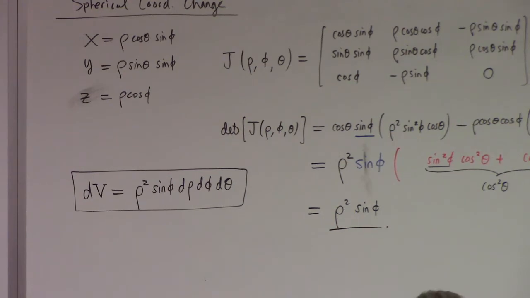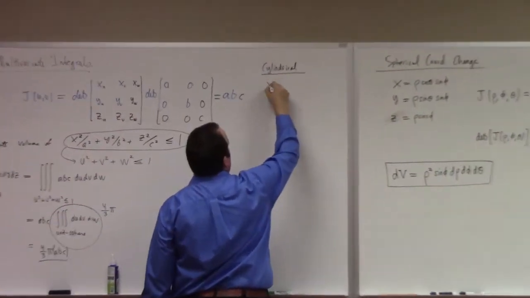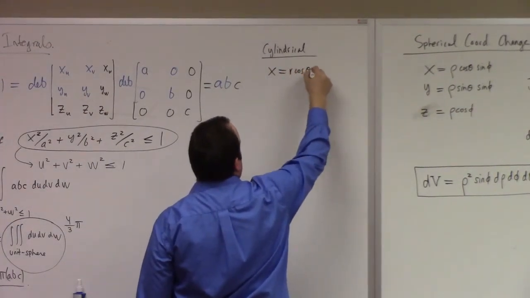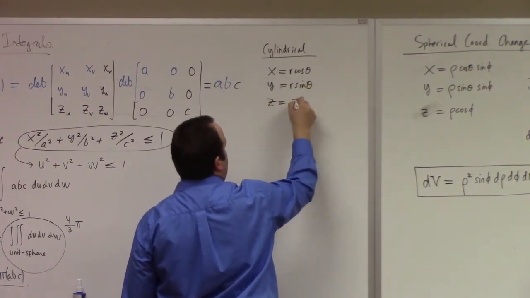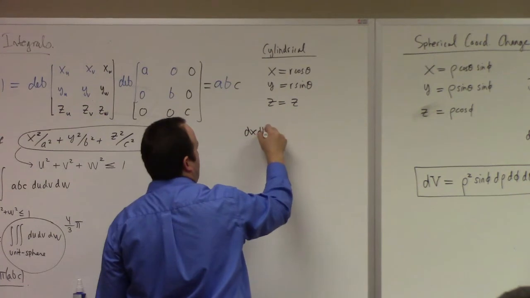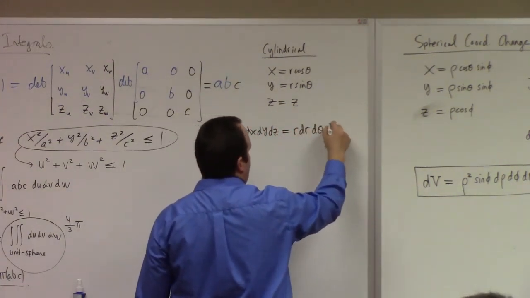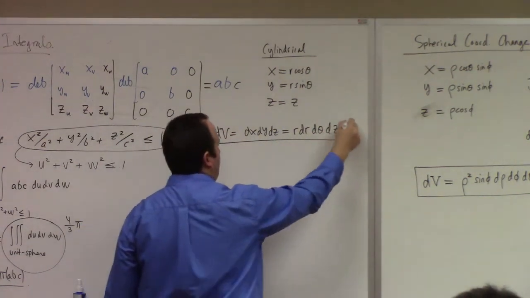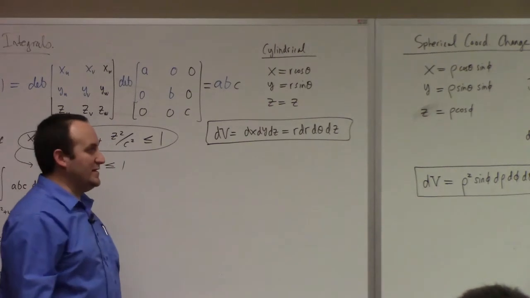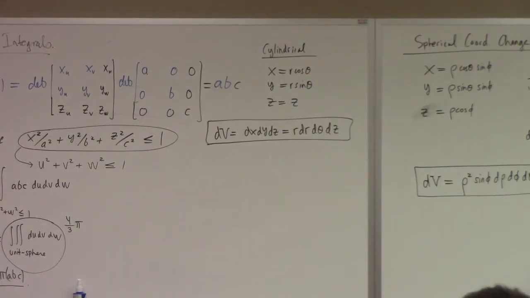How about cylindrical coordinate change? You have x is equal to r cosine theta, y is equal to r sine theta, z is equal to z. So basically, you just get dx dy dz is equal to r dr d theta dz. So here's your dv in Cartesian and also polar coordinates. If you want, you can take what we did over here to get cylindrical.